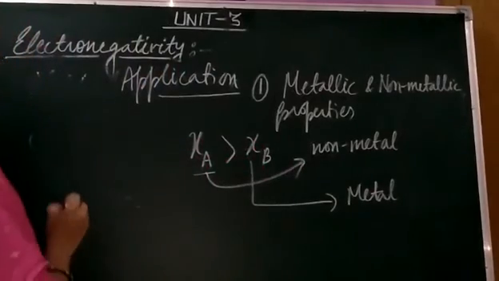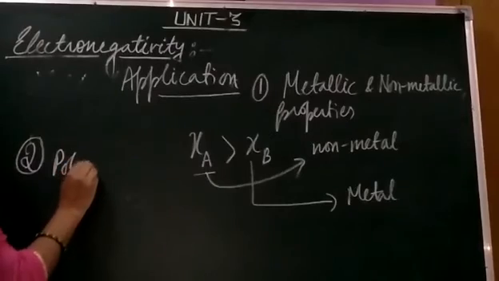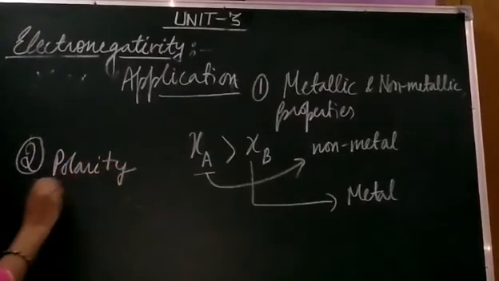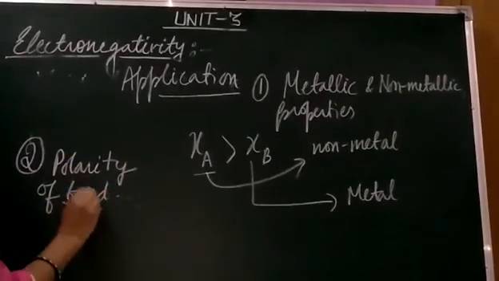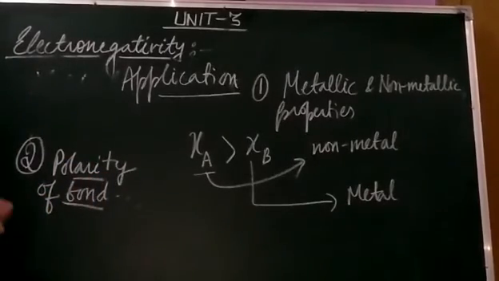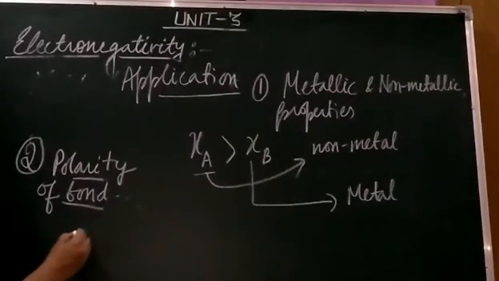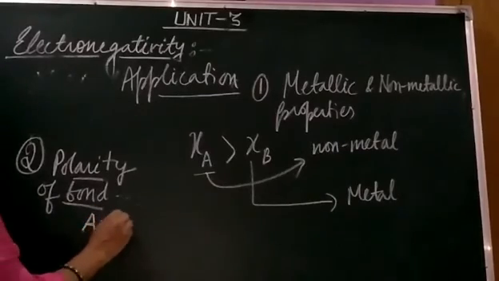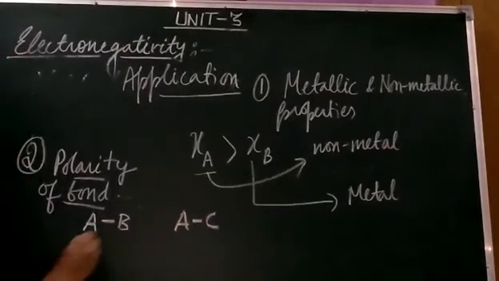The second application is to determine the polarity of the bond, that is, the difference in electronegativity. If the difference in electronegativity between the two atoms in a bond is greater, the compound will be more polar, right? Let this bond be AB and this bond be AC.